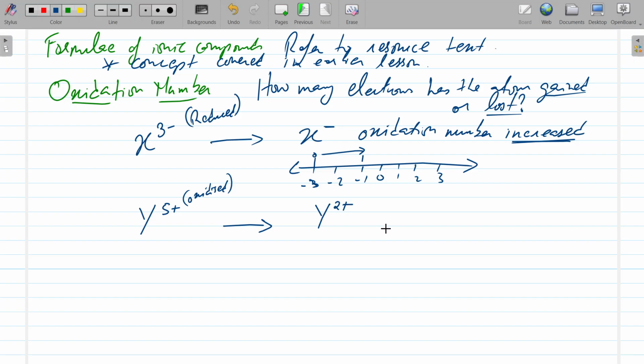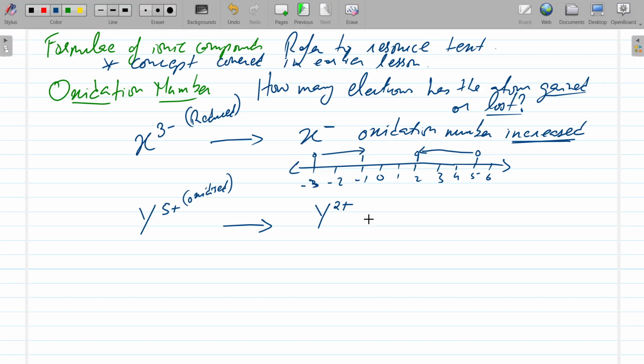What happened to the oxidation number? It increased. Again, number line. If I extend the number line, 4, 5, and 6, and you went from here to this point, is it an increase or a decrease?